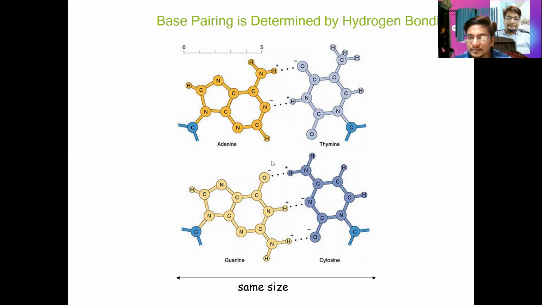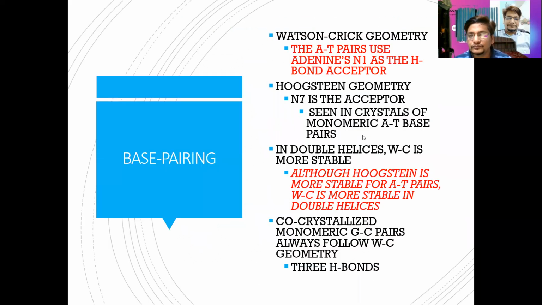These bases should come close enough to form those hydrogen bonds. So this base pairing is going to be decided by the hydrogen bonding. I just told you, they need to come close enough to form those, and the diameter is going to be the same.